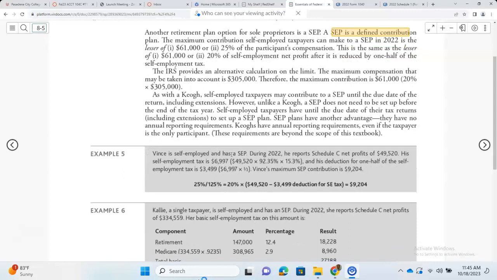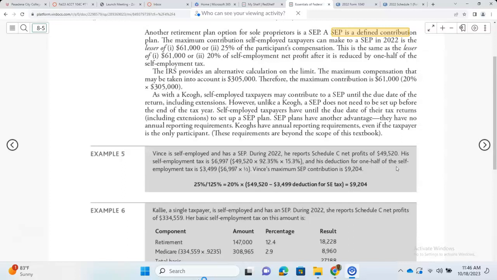So Vince is self-employed with a SEP during 2022. He reports Schedule C net profit of $49,520. His self-employment tax is 92.35% of $49,520 times the FICA ratio, which is 15.3%, 12.4 for Social Security plus 2.9 for Medicare. So self-employment tax is 6,997.